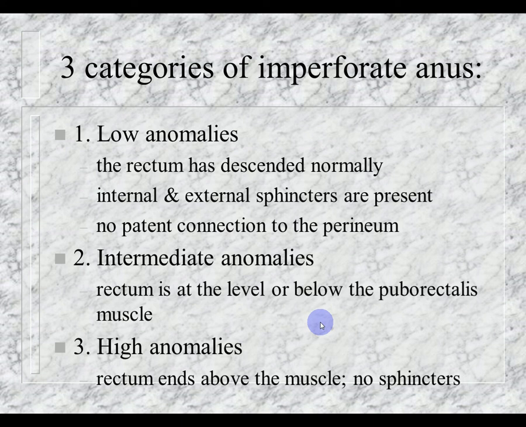So usually you go in there and make a slit and actually do some dilatations. With the intermediate, the rectum's at the level of or below the muscle. So it's still there, you just have to go up and do a few more dilatations. Now with the high, the rectum ends above the muscles. There's no sphincter, so you're talking about complete surgery here that's very intensive.